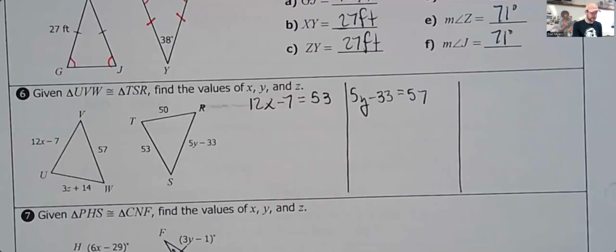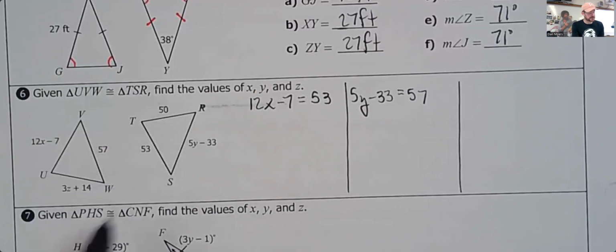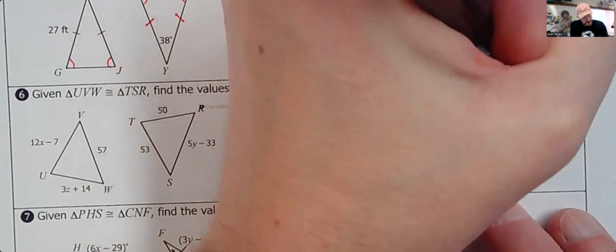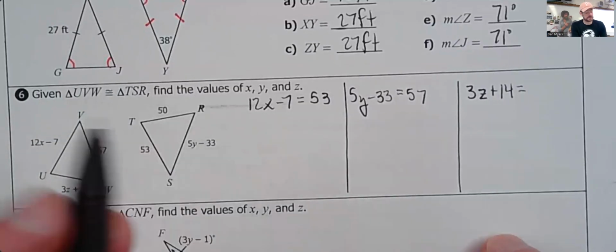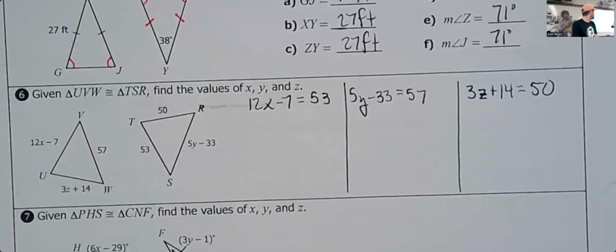The last one, UW, down here at the bottom, 3z plus 14, is equal to TR, which is 50. That is a Z. I usually put a line through my Z's just so they look a little bit less like a 2. All right, so now we're going to solve those.